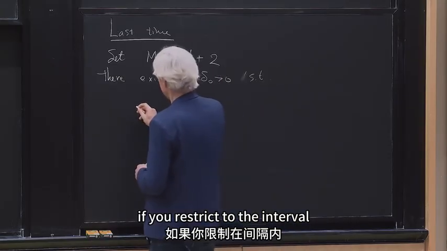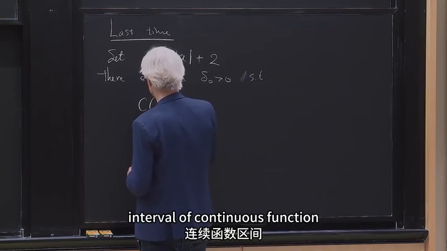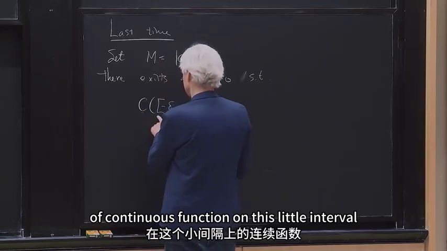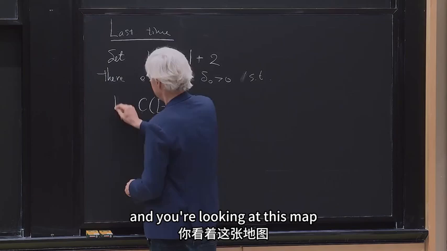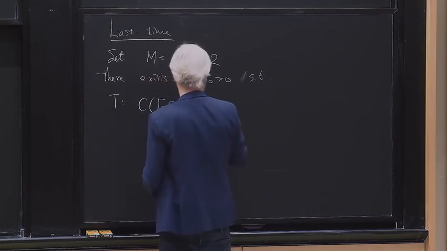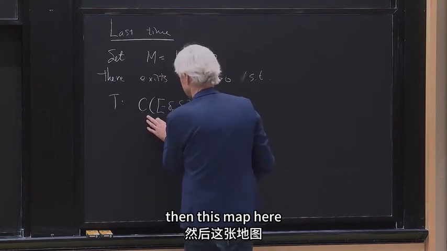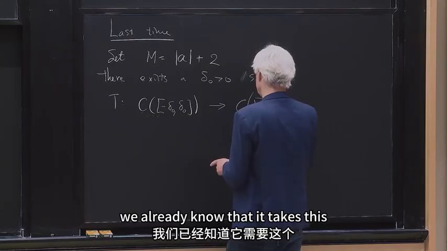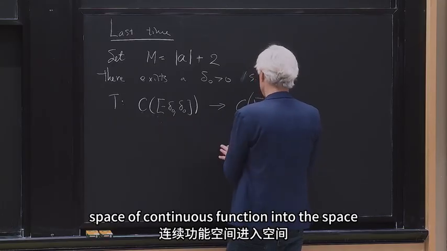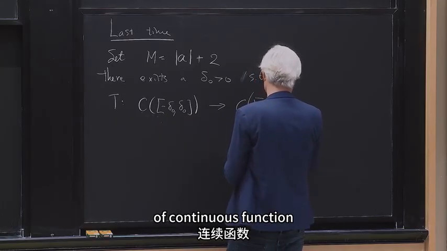if you're looking at the interval of continuous function on this little interval, so this is an interval around 0, and you're looking at this map, then this map here, well, first of all, we already know that it takes the space of continuous function into the space of continuous function.